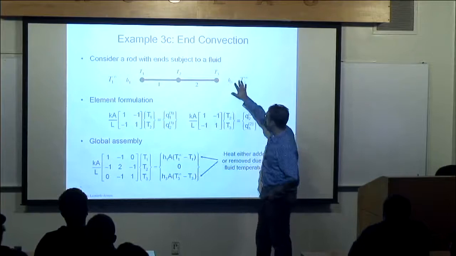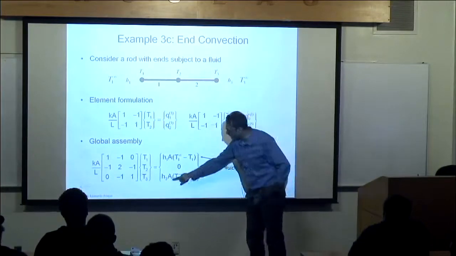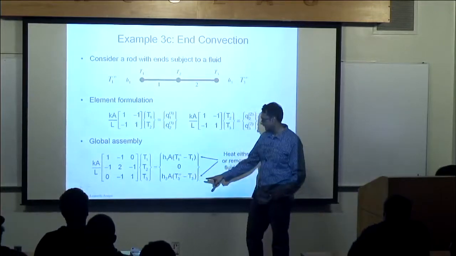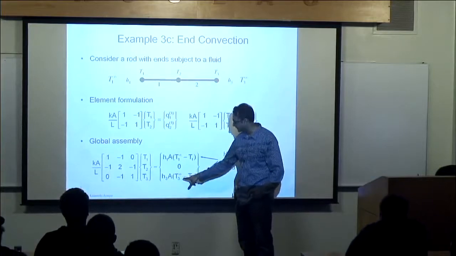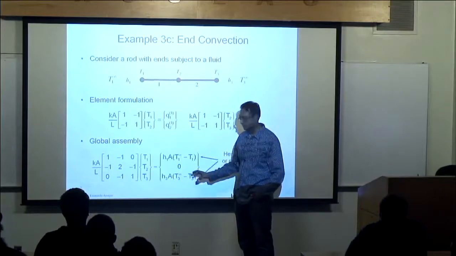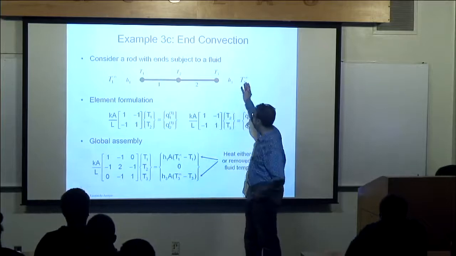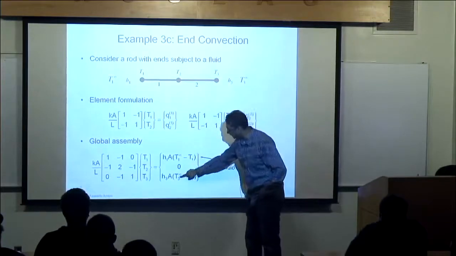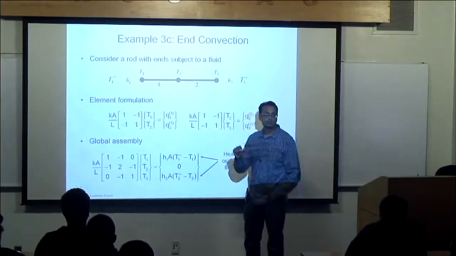I have convection again at that node, and it's going to be H3 A (T3 infinity minus T3).